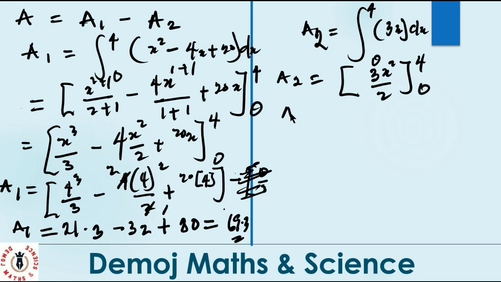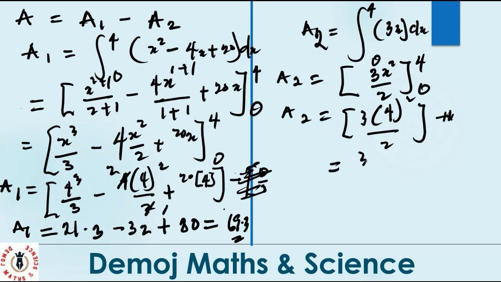So A2 is 3 times 4 squared over 2, minus the value when x is 0, where everything becomes 0, so I can leave that off. This is 3 times 16 over 2, which is 3 times 8, the same thing as 24.